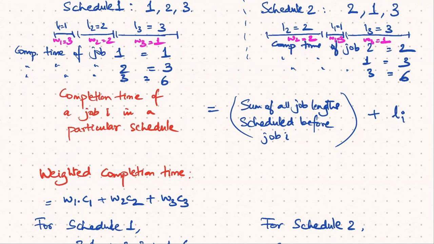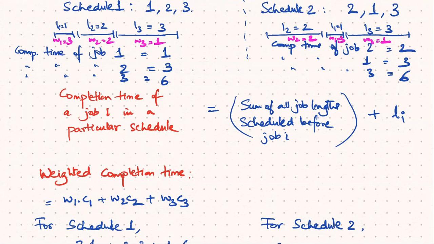So if you think about having the higher priority jobs scheduled initially, that would translate to a lower weighted completion time, right? In this term here, if the weight W1 is very high, and its completion time is also high, that means it's scheduled later on.